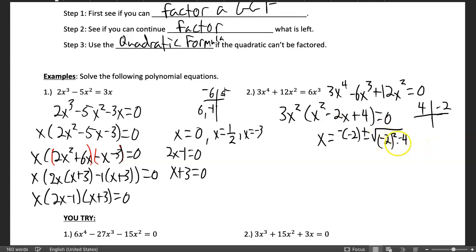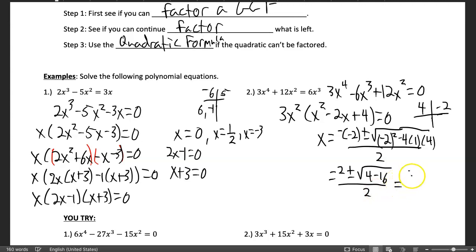Substituting in our values, so 4 times 1 times 4, all over 2a. So let's keep reducing this. This becomes positive 2 plus or minus the square root of 4 minus 16, over 2. Or 2 plus or minus the square root of negative 12 over 2.